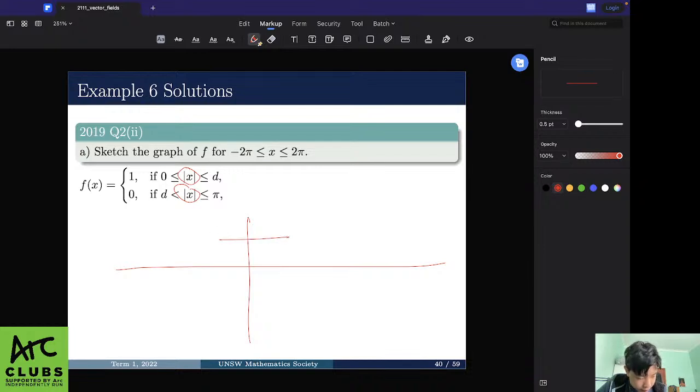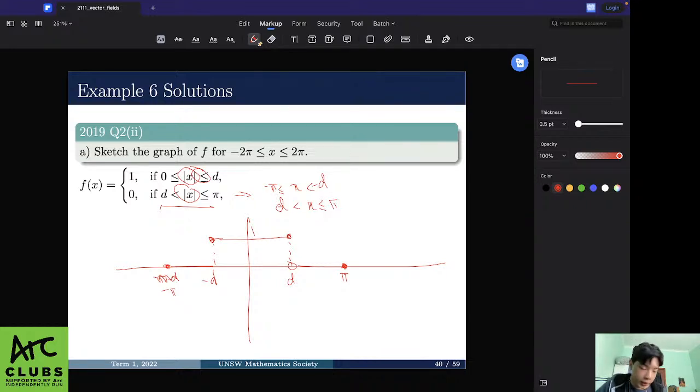Between maybe here and here, which is d and minus d inclusive, so it's a closed circle because of this, it's going to be equal to 1, and then the rest of the time, up to minus pi minus d, it's going to be equal to 0 because of this range, because this just says from minus pi to minus d, and then d to pi, it's going to be equal to 0.